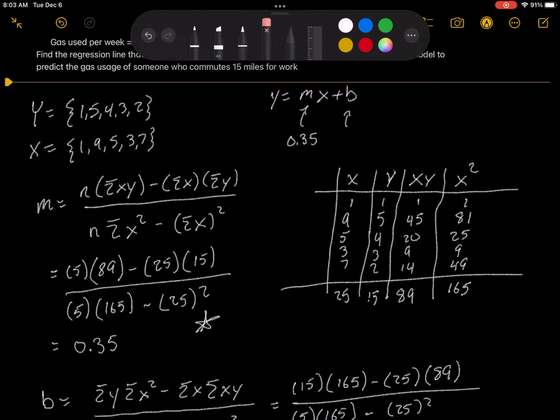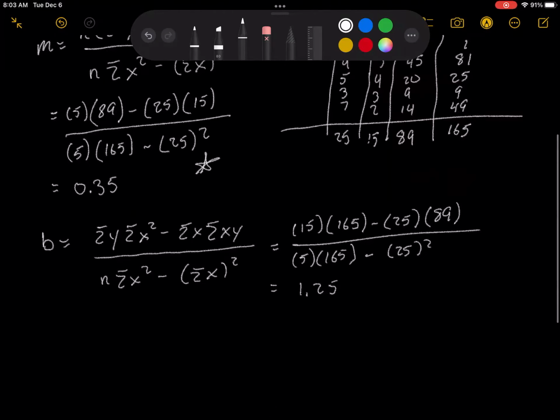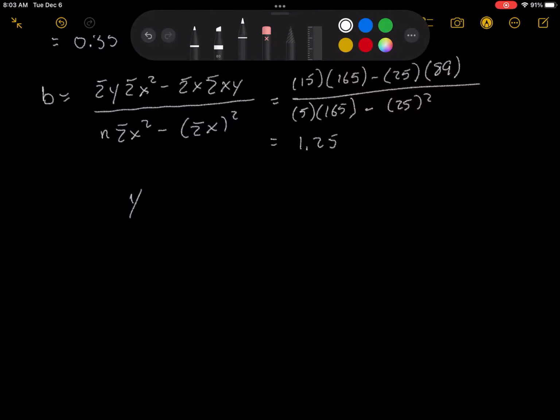So our y-intercept now is 1.25. So our straight line right now, y is equal to mx plus b, is 0.35x plus 1.25. And remember, these y values are gas consumption. These x values are commute distances.